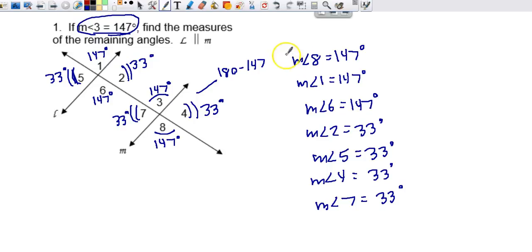That's 147 too. So we get all 8 of those angles if we know just one of them. So as far as getting the examples going, solving, let's do that in a separate video. So I'm going to pause this, and the second part of the video will go through the examples, solving for x and finding different angle measures.